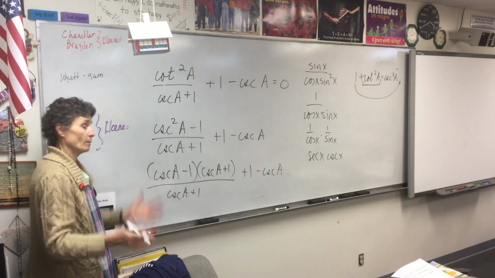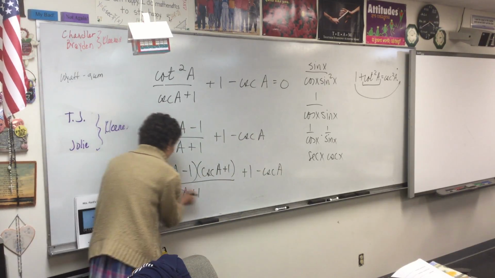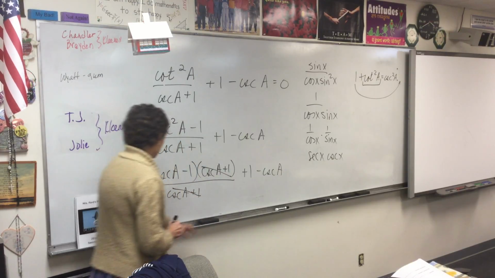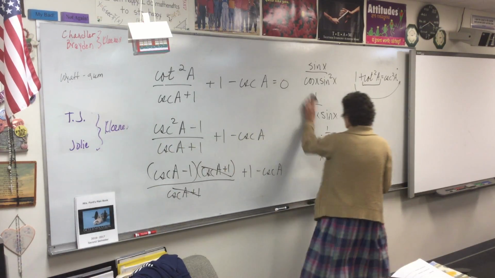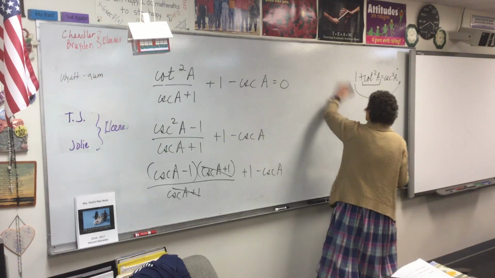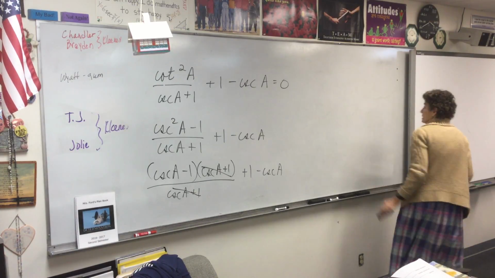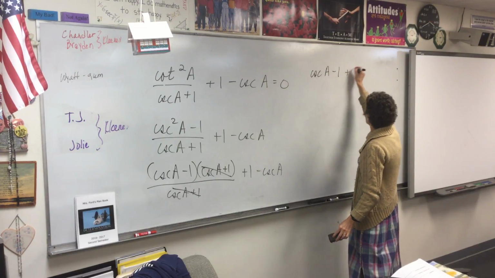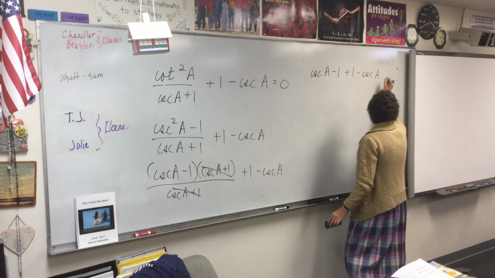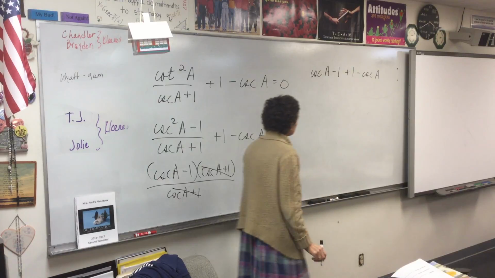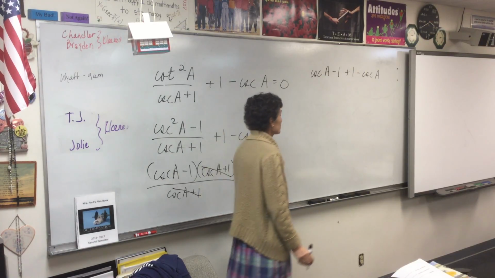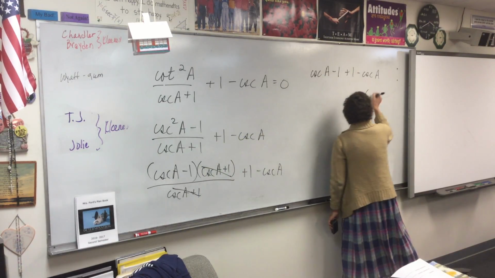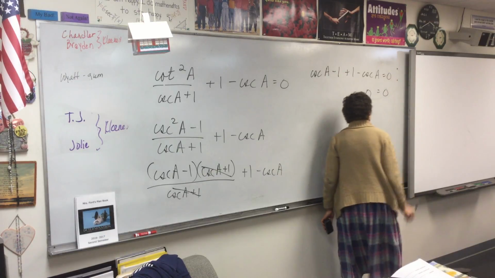And what's just wonderful about that? Those are gone. So now what I have left is cosecant minus 1 plus 1 minus cosecant. What happens there? It's all gone, just like we'd hoped. And we end up with 0.